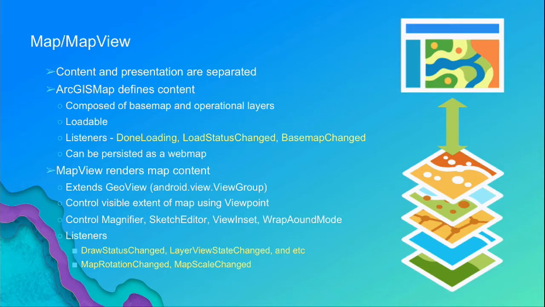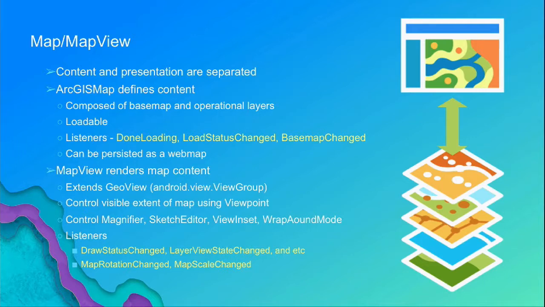First is the map and the MapView. Based on the MVC model, we separate the content and the presentation using map and MapView. The map defines the geographic contents you want to add to a map view, and it is usually composed of a base map and some operational layers. The map implements the loadable pattern, so you can load a map asynchronously and add listeners for events, such as the download event or load status change event.